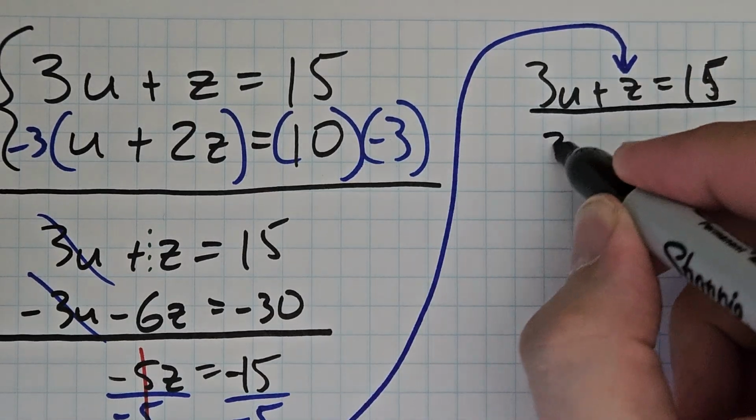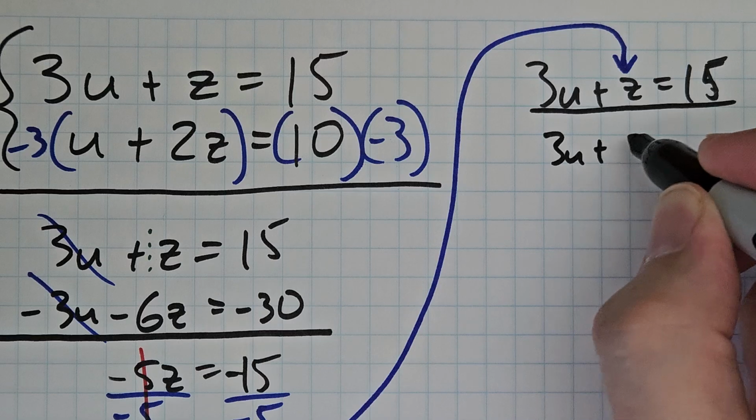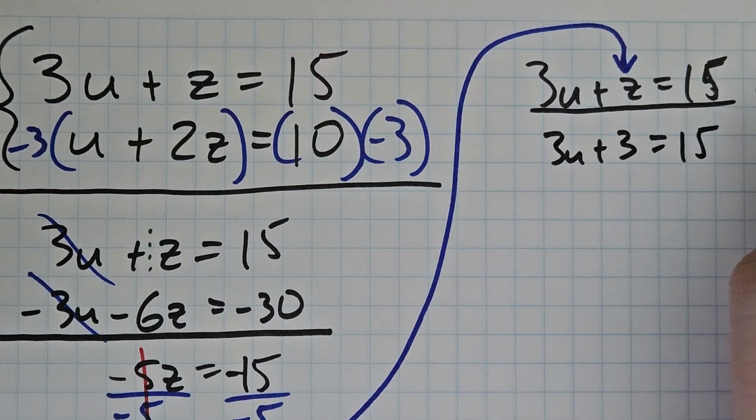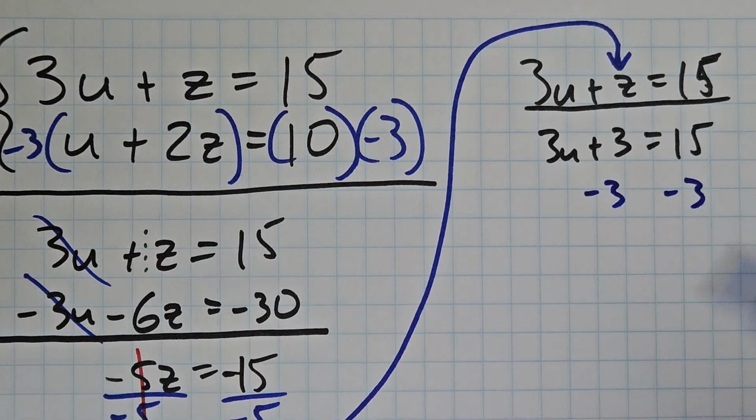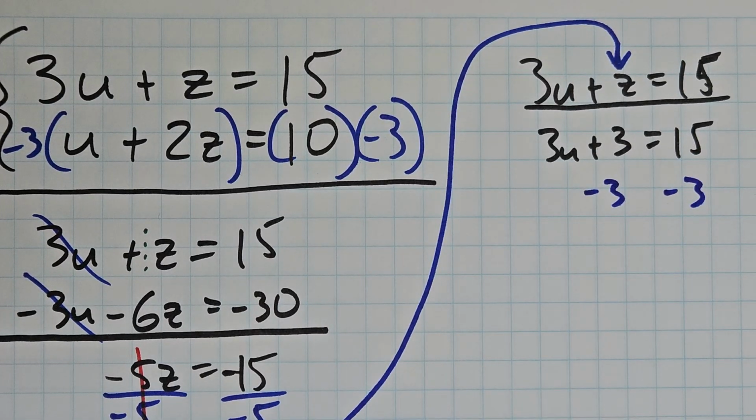And that's going to give me 3u plus 3 equals 15. And now I'm going to, step 5, solve again. So I'm going to subtract 3 from both sides.